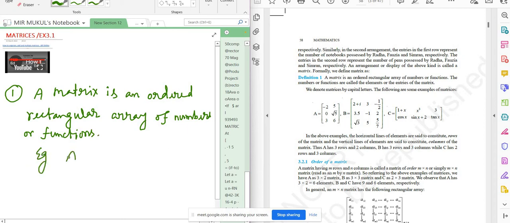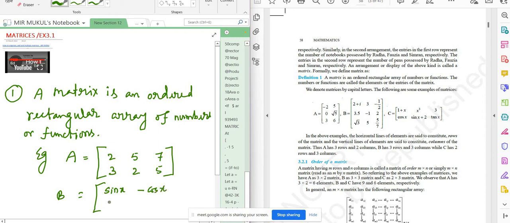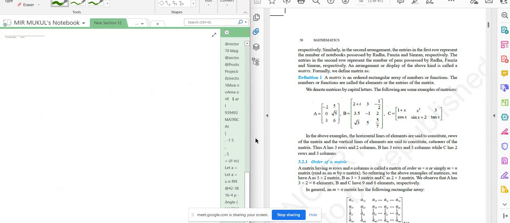Like suppose A equals 2, 5, 7, 3, 2, 5. Okay. One more example, take B equals sine x, minus cos x, 1, 0. That is also a matrix. Either numbers we take or we take any functions.